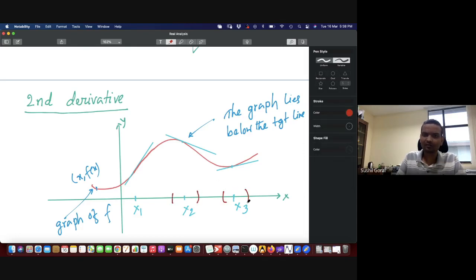And here, what happens? The graph lies above the tangent line.